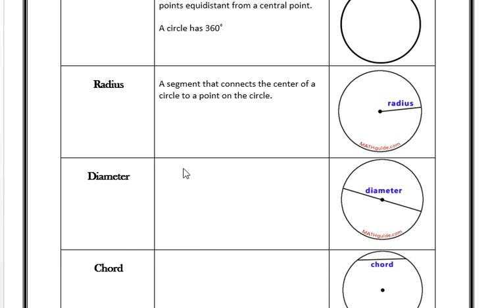So let's formulate our definition of a diameter.